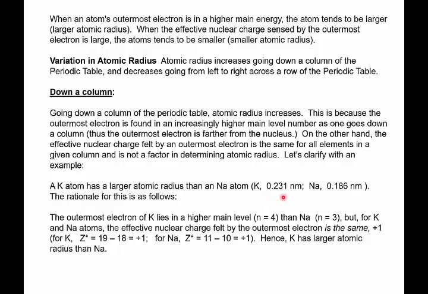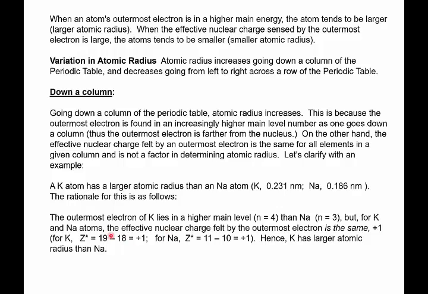Here are the values of the atomic radii of potassium and sodium. Here's the rationale. The outermost electron of potassium lies in a higher main level, n equals 4, than sodium, whose electron lies in an n equals 3 outer level.